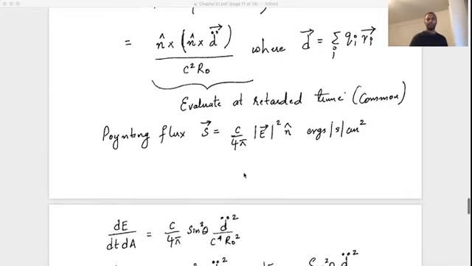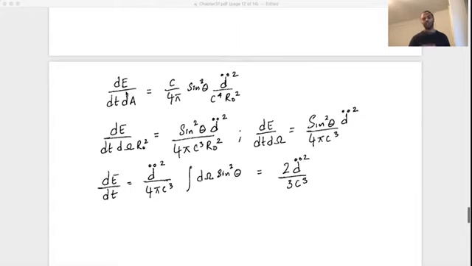So again, we can work out the Poynting flux in this case. This is the Poynting flux which we calculated last week. It's energy per unit time per unit surface area, and it's pointed along the line of sight to the observer. Now, it's exactly the same calculation which we did for a single charge; I'm just expressing it in terms of the dipole moment.